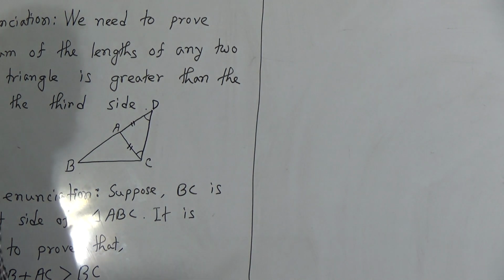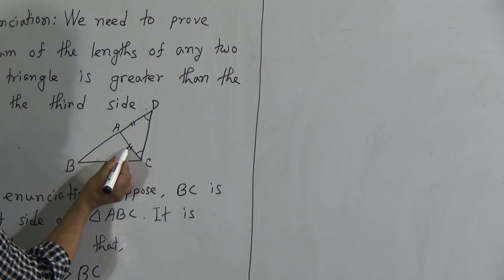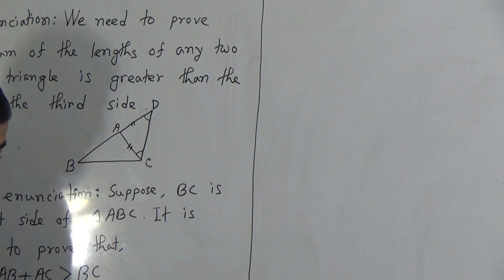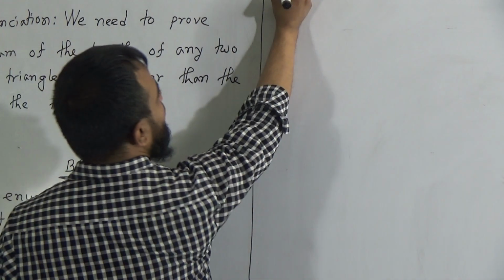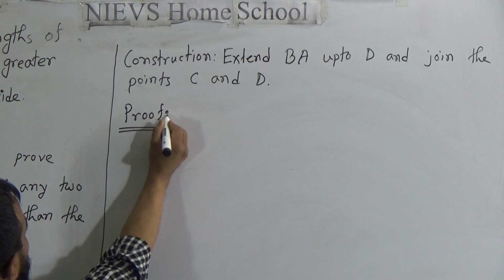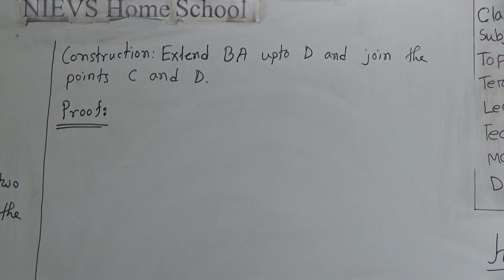We know that in an isosceles triangle the base angles are equal. We know from this figure that these two sides are equal to each other, so this triangle is an isosceles triangle. Before the important proof of this theorem, we will prove that these two angles are equal to each other.